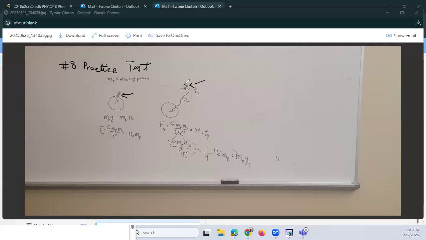So if the person is one diameter or two radii above Earth, the gravitational force on him would be some unknown. And that's what we're trying to figure out.